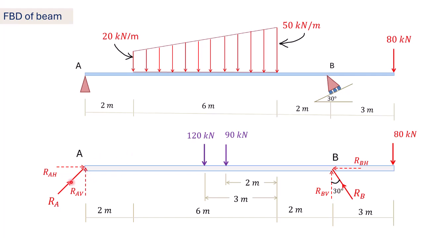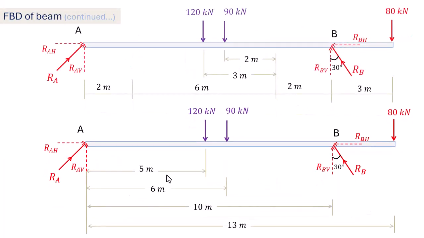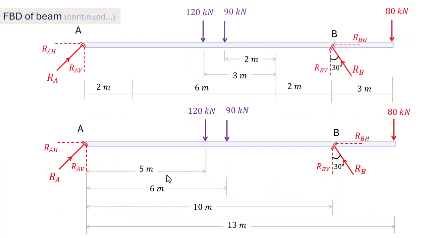Similarly, the support reactions at hinge support A are also represented by horizontal and vertical components with assumed directions. Then measure the perpendicular distance of each force from point A and show it on the free body diagram for further calculations. And this is the complete free body diagram of the beam.